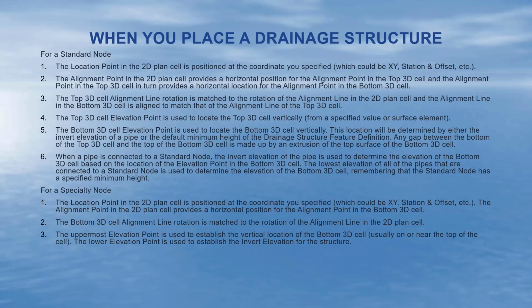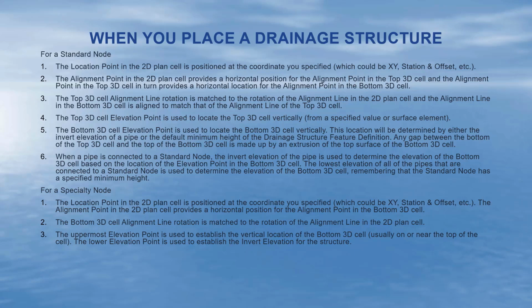The lower elevation point is used to establish the invert elevation for the structure. This is also normally where you will find a connection region, so that when you connect pipes to these type structures, the invert of the pipe will be the invert elevation for the structure as well.